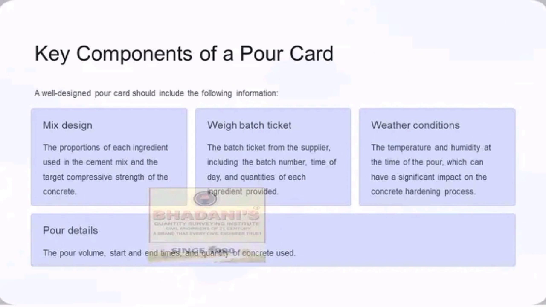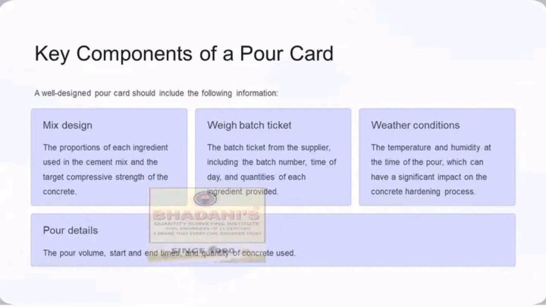In this case, when the concrete is brought to the site, the supplier should give elaborate information of the ingredients he used, the proportions of the ingredients he used, the time of the day when he made this concrete, and the ingredients used will also be contained in that weigh batch ticket.